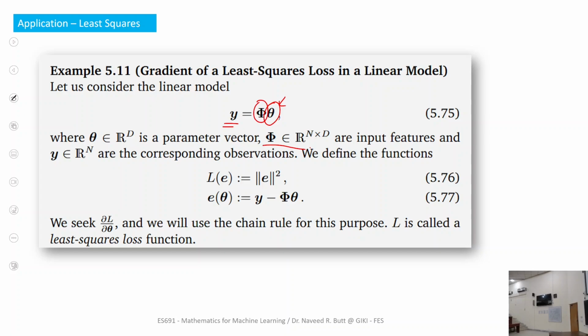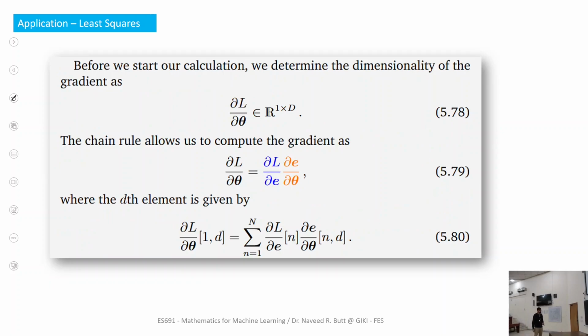So you want to find what theta I should choose so that the difference between my desired output and what this model gives me is minimized. The Euclidean distance, perhaps we already saw that you could choose other distances depending on your problem, but this is the most common one. So this is called the least square loss function.